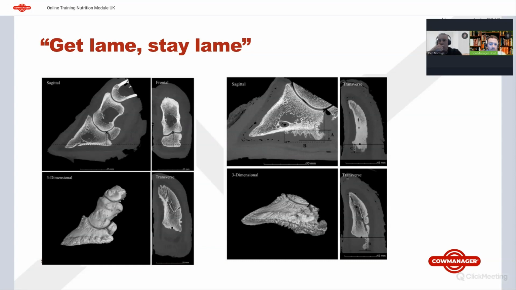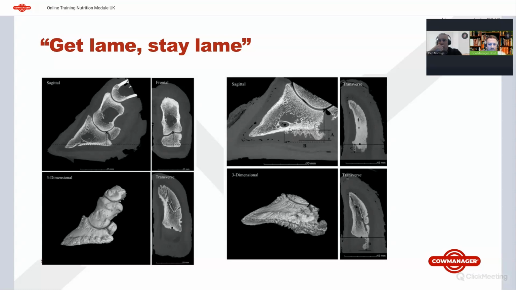And no matter how good we are at hoof trimming, when we trim the nail, the horn, that doesn't affect the bone. Well, in a negative way it does if you do it the wrong way, but by trimming the horn, you cannot intervene in this anymore. So this is a lost case, a lost cow.